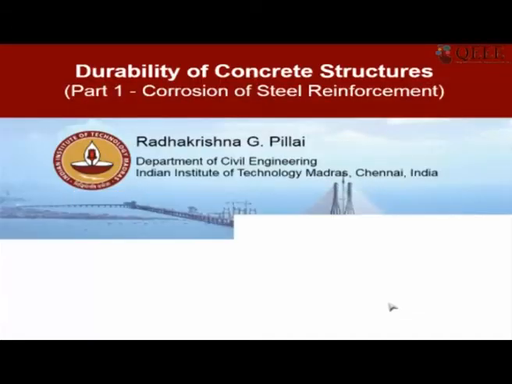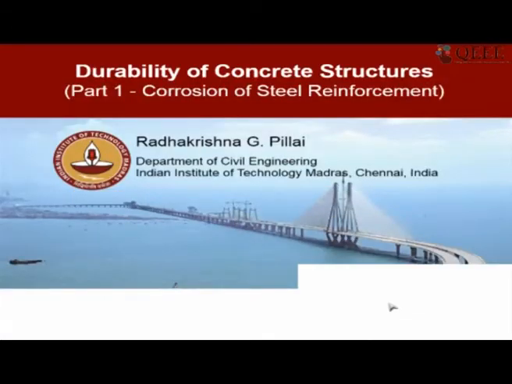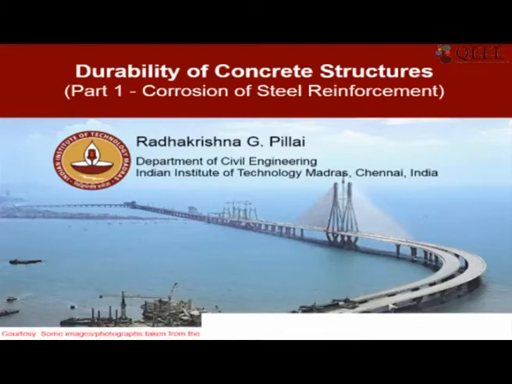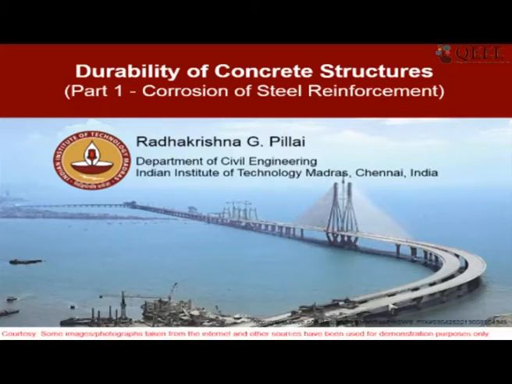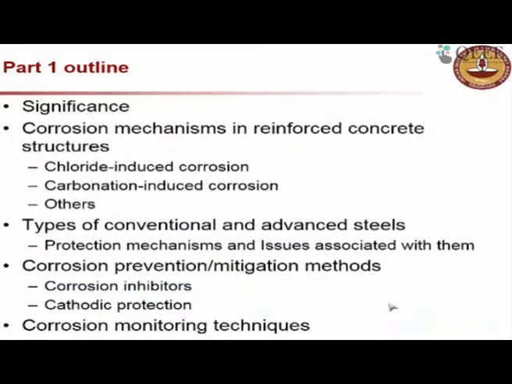So we are getting into part 1, which is on corrosion of steel reinforcement. Remember, we will look only at the steel, how the steel corrodes and why the steel is corroding. This is the outline for part 1.